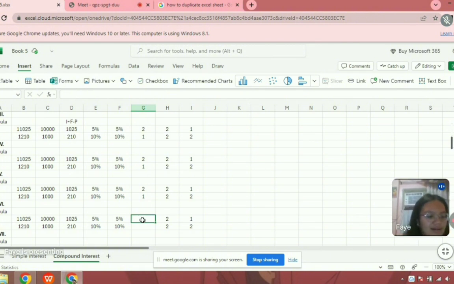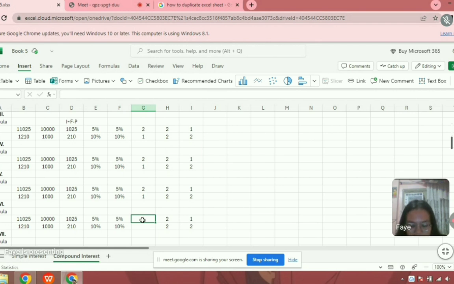So using the formula, I'll use my calculator. So log of F, which is 11,025 over P, 10,000, over m.